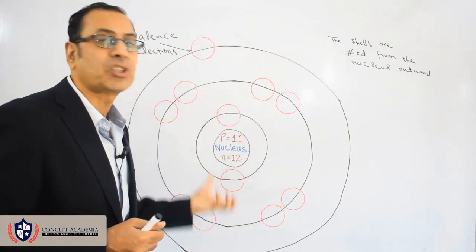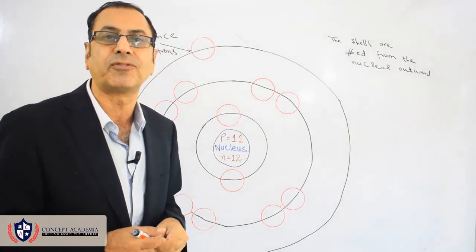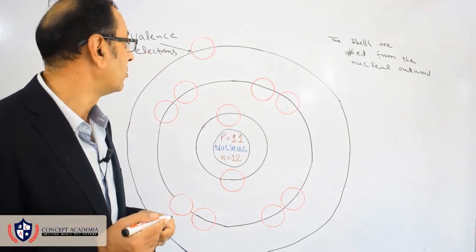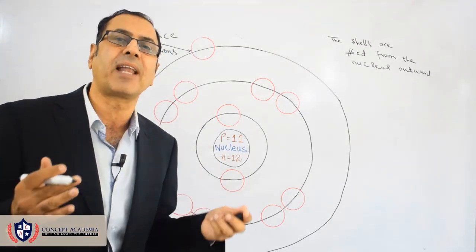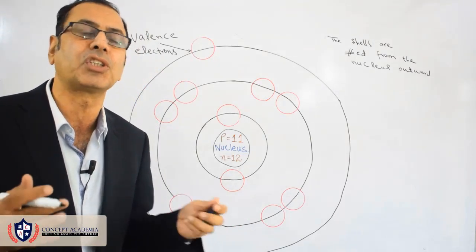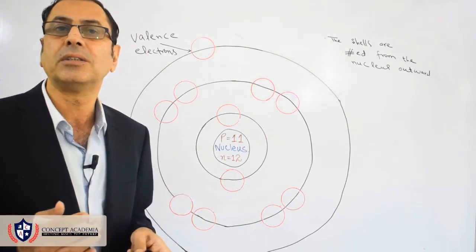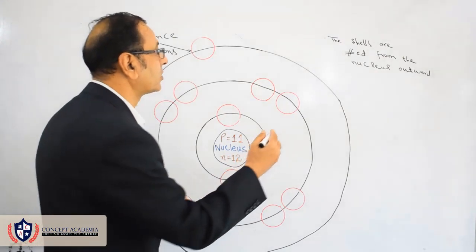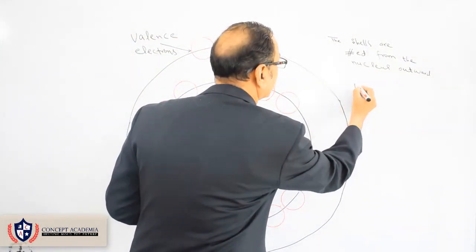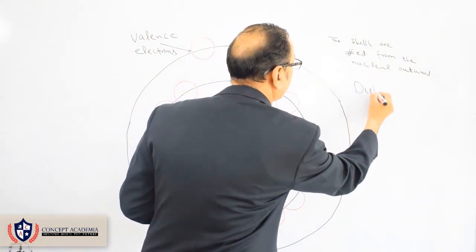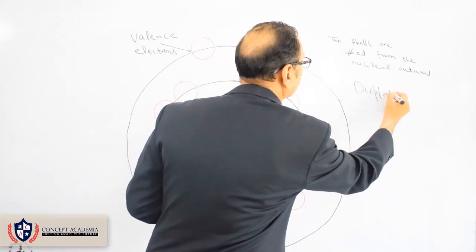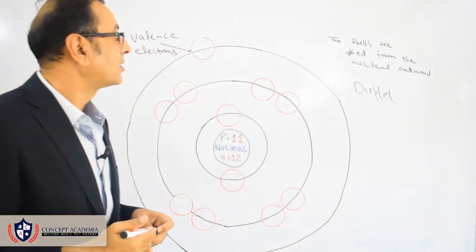The first shell can maximum have 2 electrons. So the maximum number of electrons which can come in shell number 1 is 2 electrons. That is called a duplet.